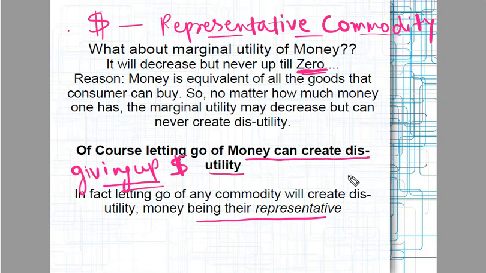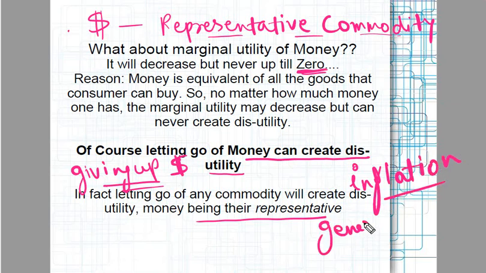So giving up money will definitely create disutility, and definitely so if you had to give up more and more money for the same amount of goods and services, which is something we call inflation, a general rise in prices of goods and services.